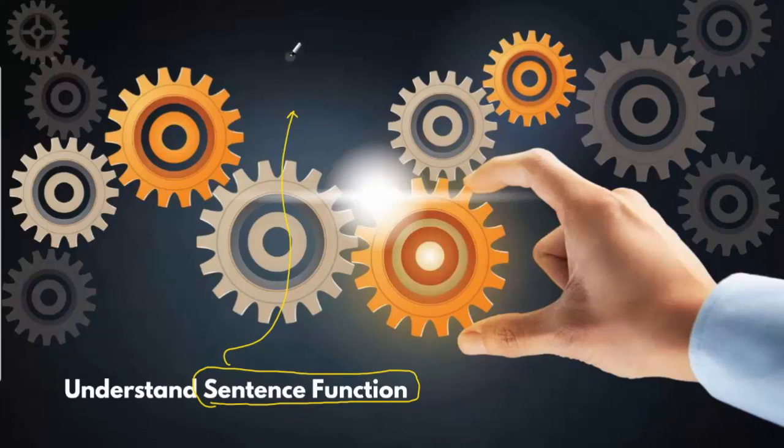We discussed that there are red signals, yellow signals, and green signals, something that we used quite a bit when we read a passage. So it is in one way very similar to that. We understand certain functions of a particular sentence, very similar to that. It's just that we have to understand this sentence function in a much more detailed fashion.